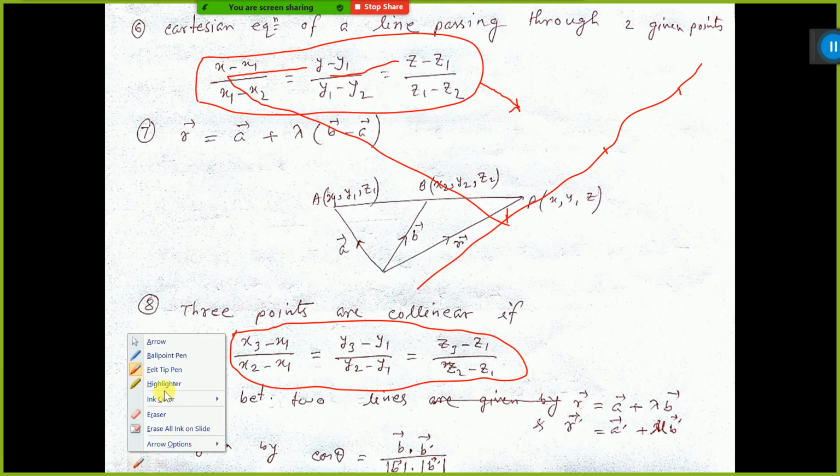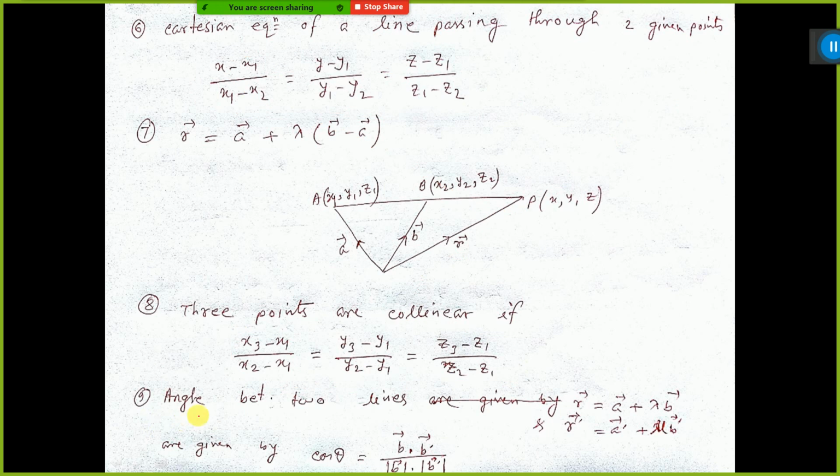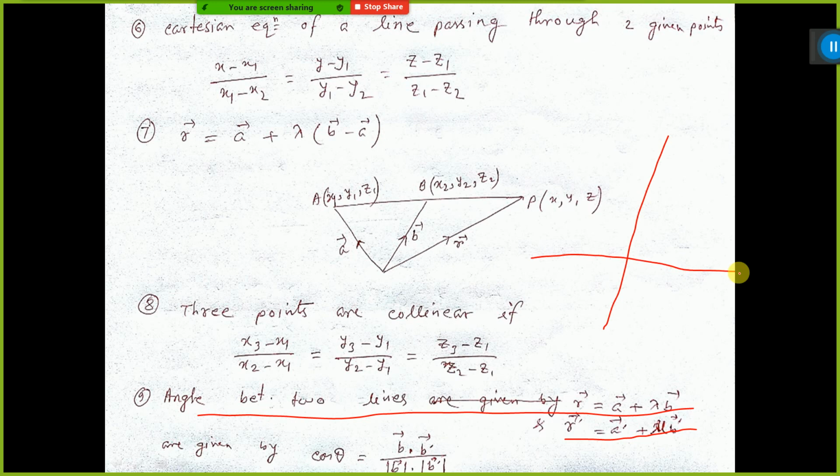Next comes the angle between two lines. See here, two vector lines, their angle we have to tell. Let's say these are two lines and their vector equations are given. One is A plus lambda B and another is A dash plus mu B dash. Then the angle between them, let's say this is theta, then cos theta equals B dot B dash divided by magnitude of B into magnitude of B dash.